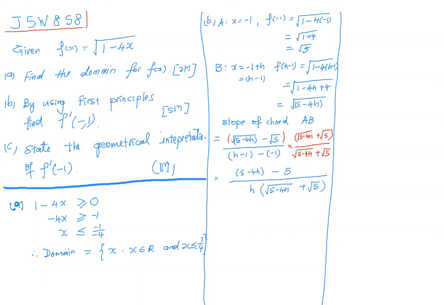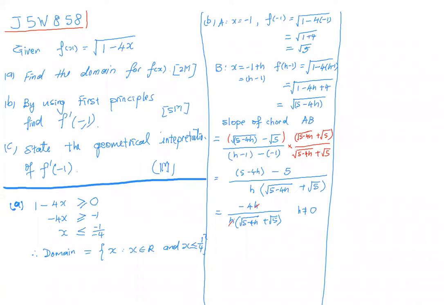Okay, so now simplify whatever you can. 5 minus 5, you get 0, so you get negative 4h divided by. Okay, h cannot be 0, correct? You approach 0, but it cannot be 0. So I can simplify here.